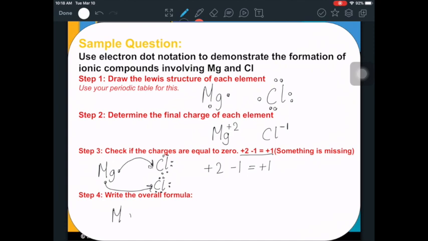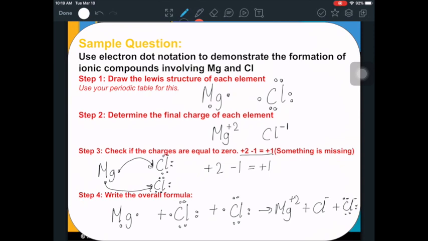So overall, I'm going to get magnesium plus chlorine plus another chlorine gives you magnesium plus 2 plus Cl minus plus Cl minus.